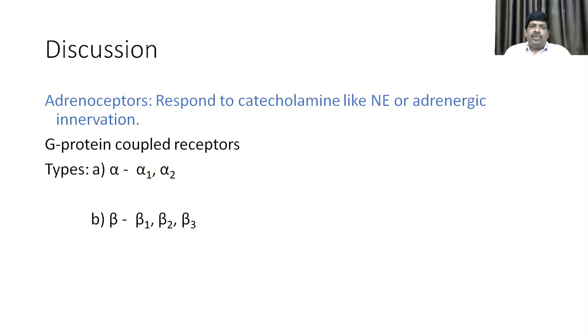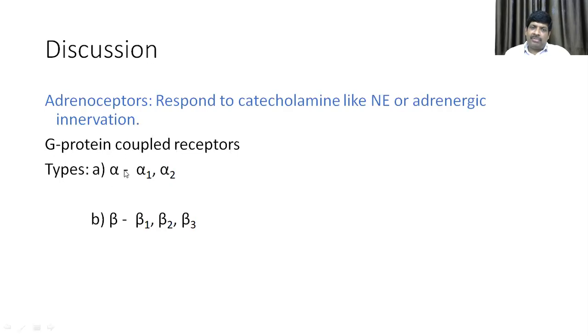As we already know, adrenoceptors are the receptors to which adrenergic drugs, adrenergic agonists, adrenergic neurotransmitters or adrenaline bind. The adrenoceptors are alpha and beta adrenoceptors, and these are GPCRs, or G protein coupled receptors.